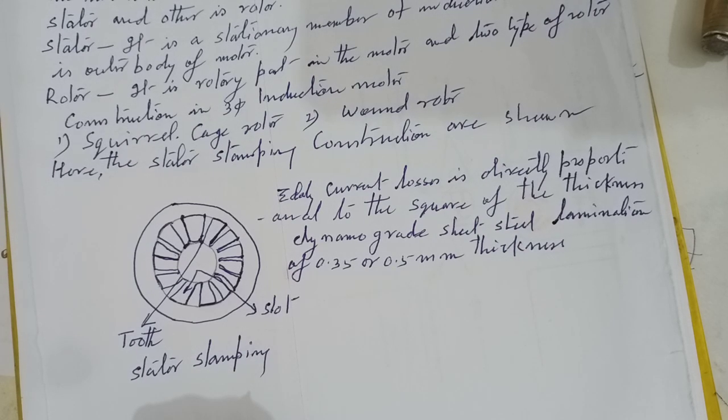These laminations are insulated from each other by means of either varnish coating or oxide coating.